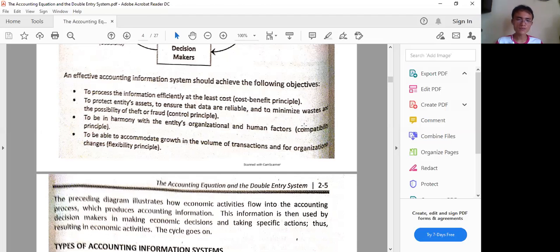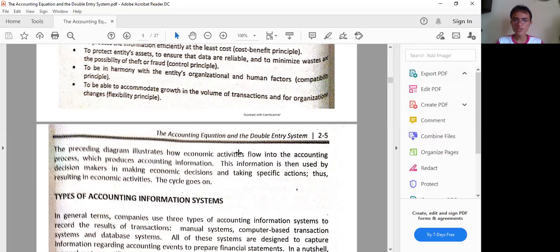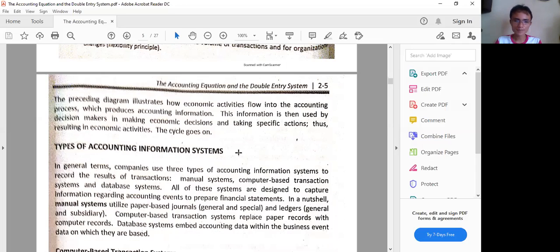Then the fourth one is flexibility. Our system should be able to accommodate challenges on the system; it should be able to stretch out for the stressors that would get into the system.